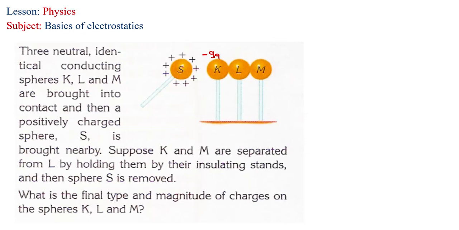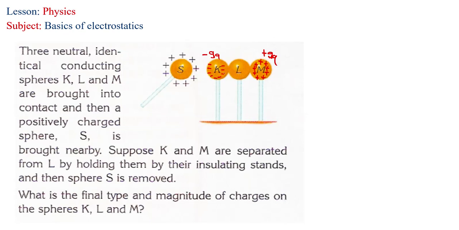Because you know that unlike charges attract each other, so the amount of positive charges attract the same amount of negative charges on this side here, so that is minus 9 here. Suppose that I have minus 9 here. And of course, the same amount will be repelled to the farthest end. And that will be plus 9q.